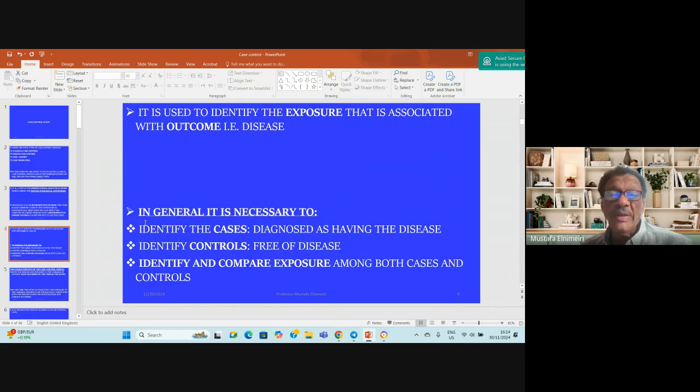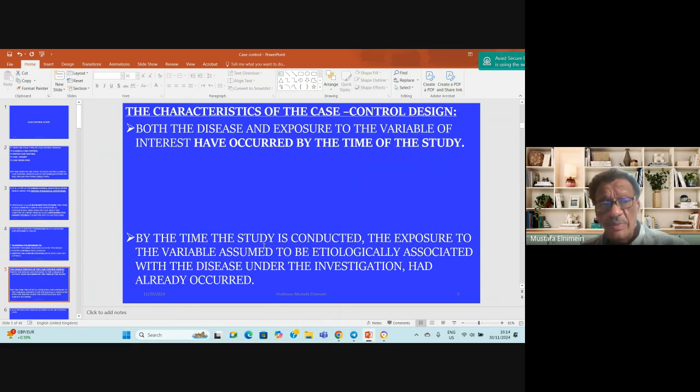It is used to identify the exposure that is etiologically associated, or suspected to be etiologically associated, with the outcome. In general, it is necessary to identify the cases, which should be diagnosed as having the disease, and to identify controls free of the disease, as well as to identify and compare exposure among both cases and controls. The characteristic of the case control is that both the disease and exposure to the variable of interest have occurred by the time the study is being conducted.